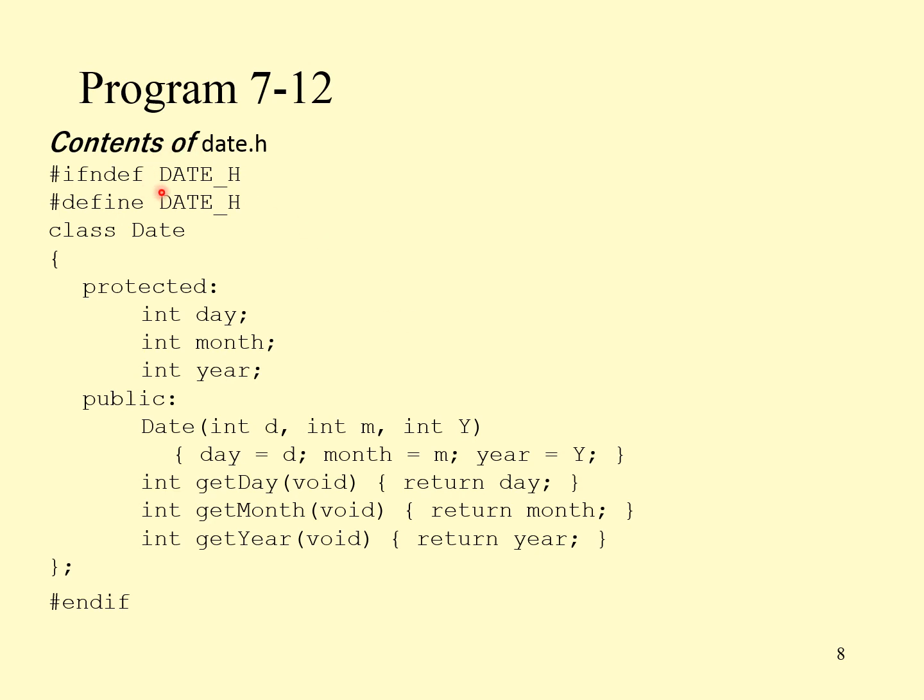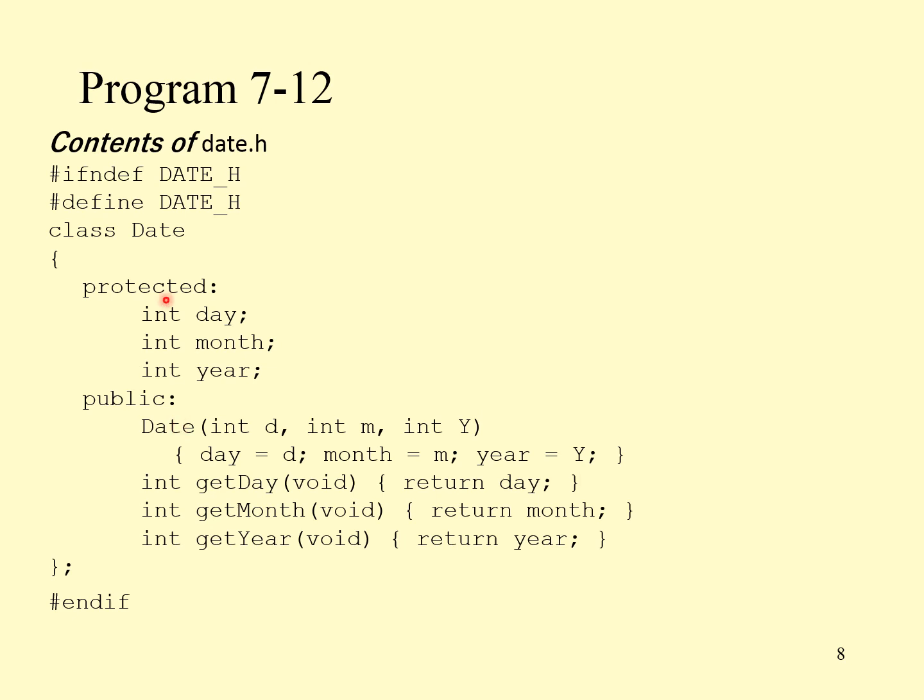That means one class can have more than one base class. So in that case, we write #ifndef DATE_H, #define DATE_H. So we are saying if this does not exist, then it shall be defined and it will exist at this point. Our protected member functions are day, month, and year. Then our public member functions: Date, which means this one will be what? The constructor, right?